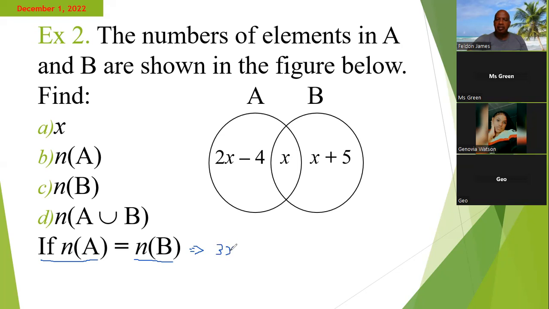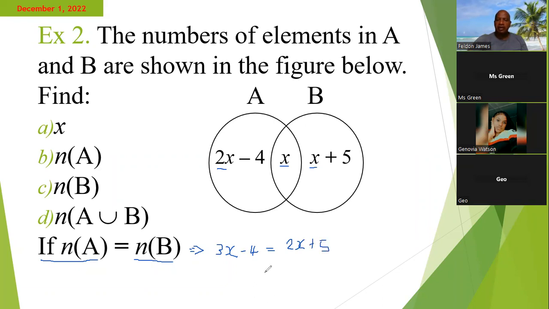So you add these x's, you get 3x, then you subtract 4. That gives you the number of elements in A. The number of elements in B, you add this x plus this x, you get 2x plus 5.